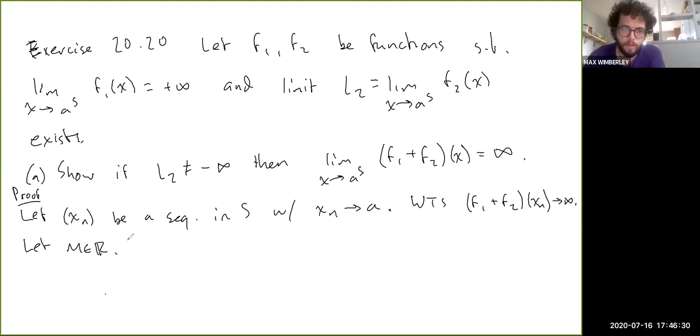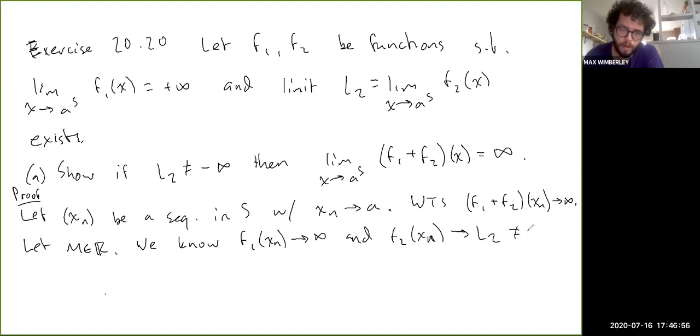First of all, what do we know from our assumptions? We know that f1 of xn goes to infinity, and f2 of xn goes to L2, which is not negative infinity, right?